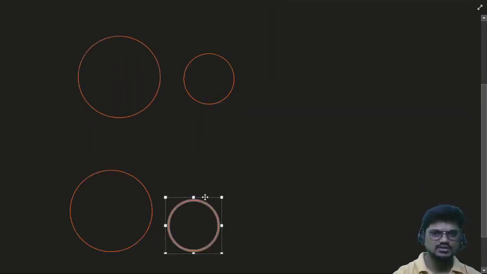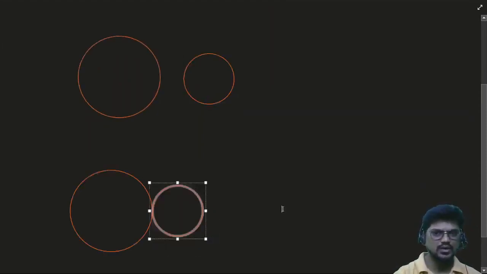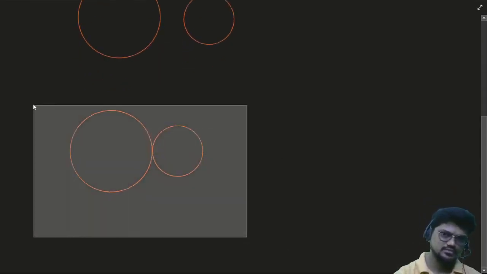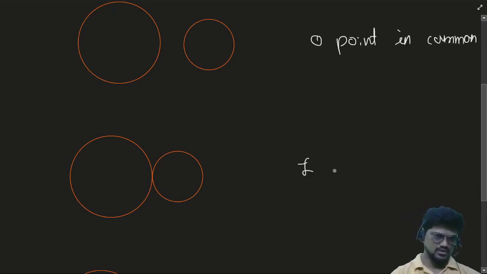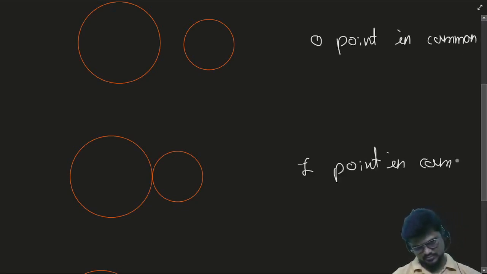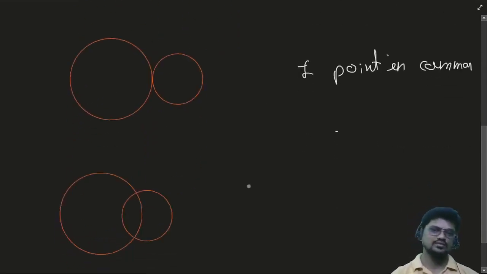The other possibility is they can have one point in common, or they can have 2 points in common. That's it. Over here, they can have 0 point in common. They can have 1 point in common, or they can have 2 points.